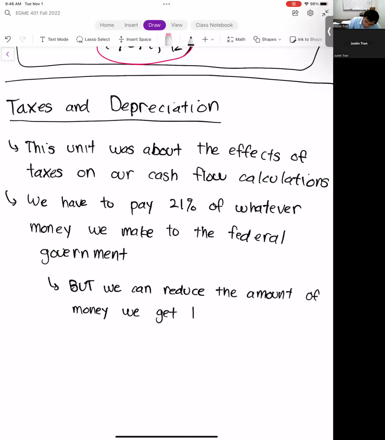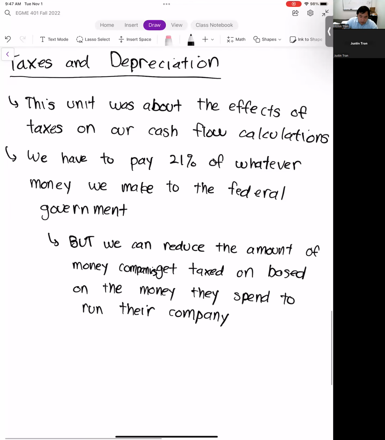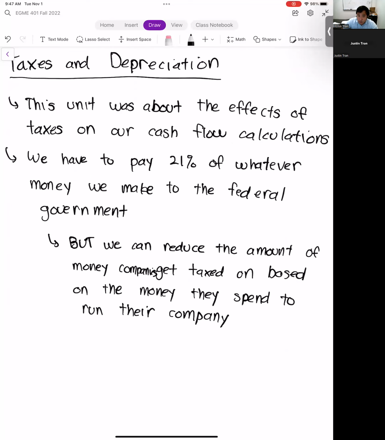Not we, I should say companies. And the way that we usually call this is deductions or expenses.